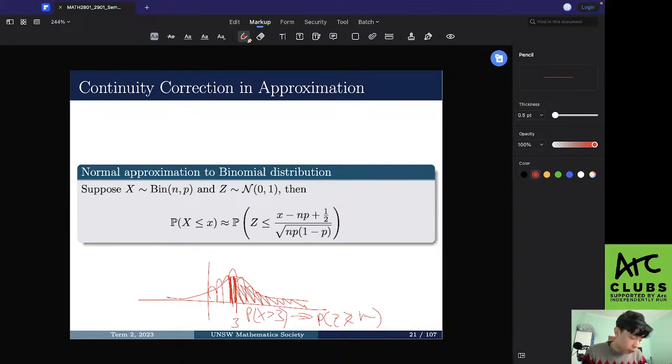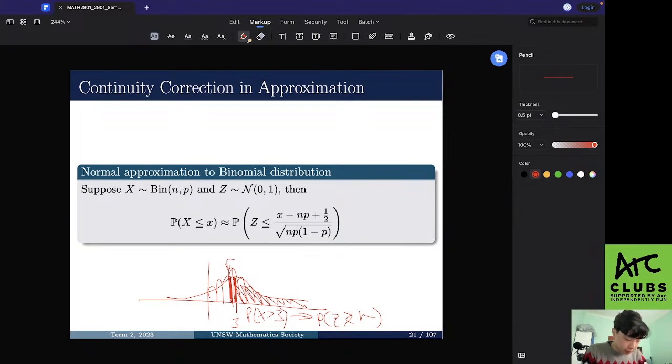Which is why to correct it, we start half a value earlier. So this is just a way to correct continuity in this case, as the name suggests. It's just a way to convert between discrete and continuous graphs without losing this half bar of probability. And so that's why generally we add a half or we take away a half.